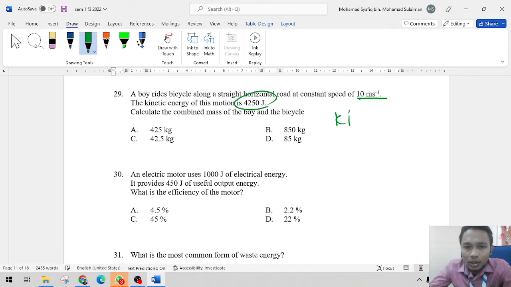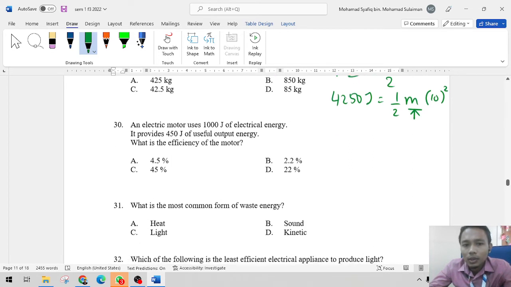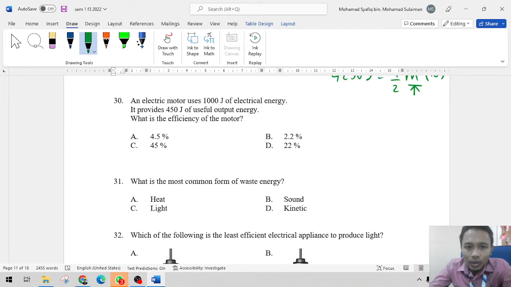Kinetic energy equals half mv squared, so 4250 joule equals 1/2 times mass times 10 squared, so we can calculate the mass.